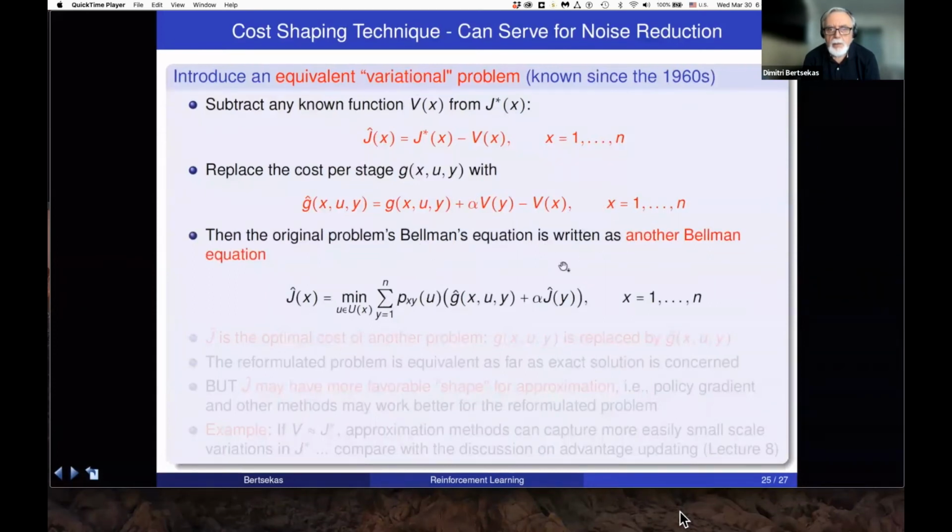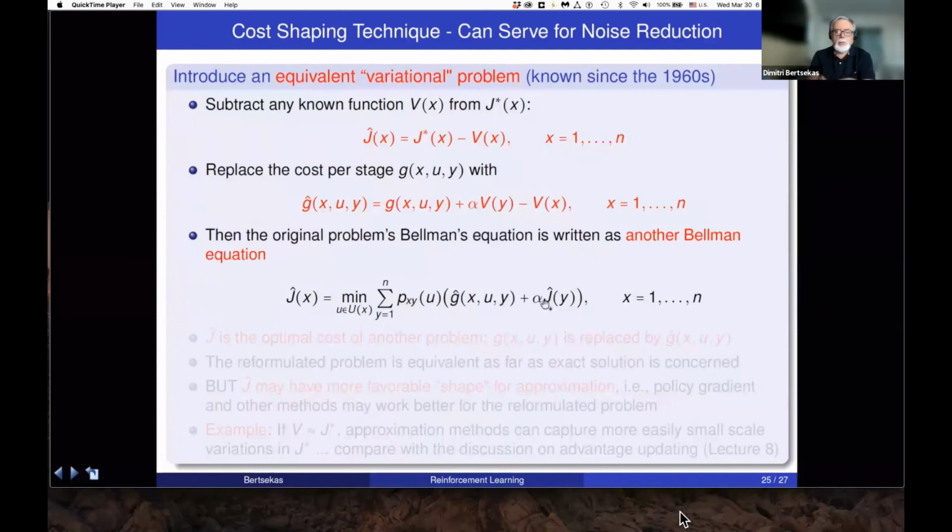Okay, so let's look at this equation. If you use the definition of J hat and the definition of g hat, then this equation is identical to the Bellman equation of the original problem. So the original problem's Bellman equation, J star equals min sum of p_xy(u) times g plus alpha J star, can be written in this form.